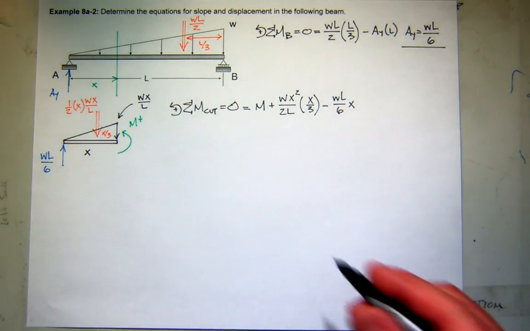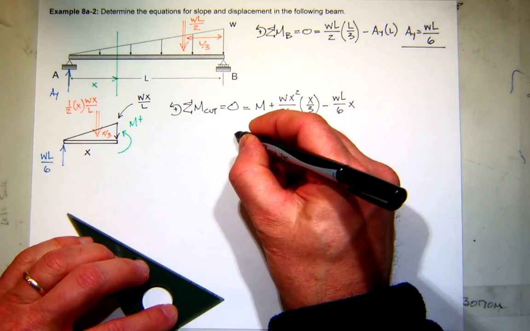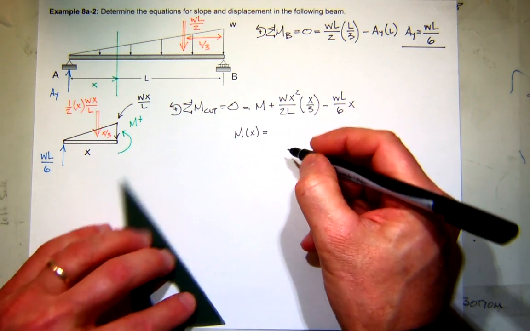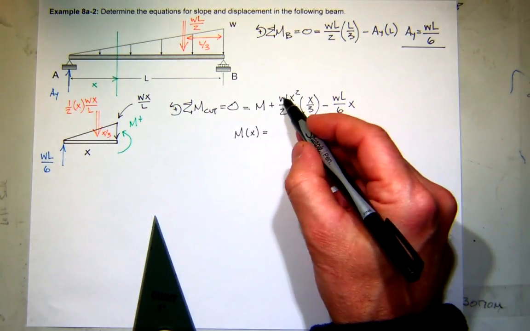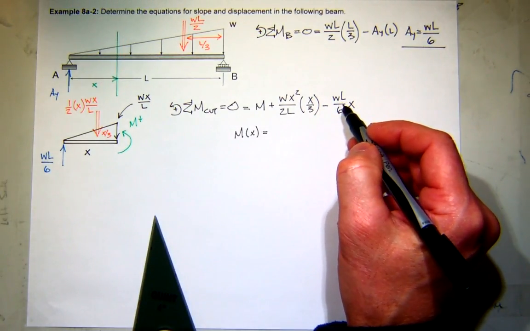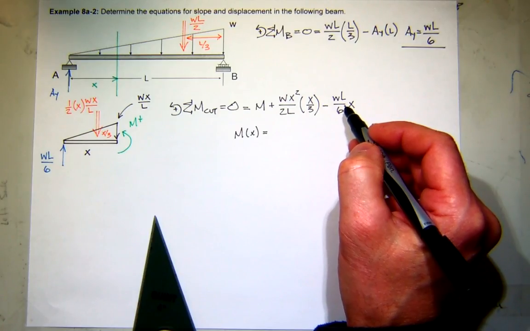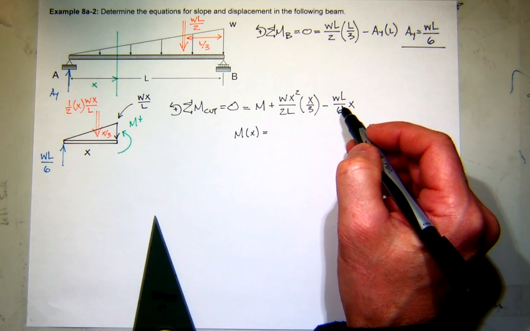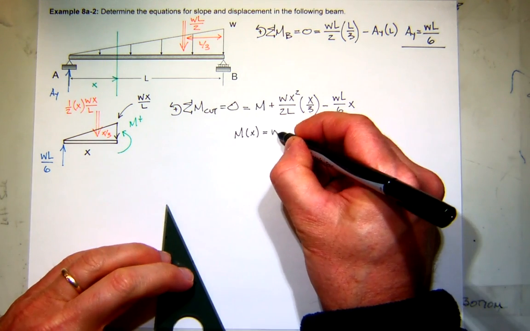So now I can solve for the moment. The moment as a function of x is going to be, there is a W there. What else can I pull out? Not really anything right away. I think I'll just pull out the W for right now.